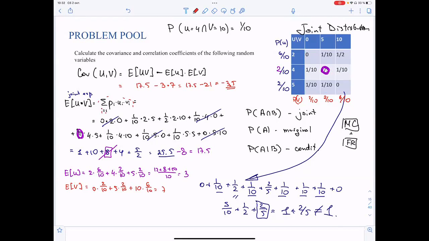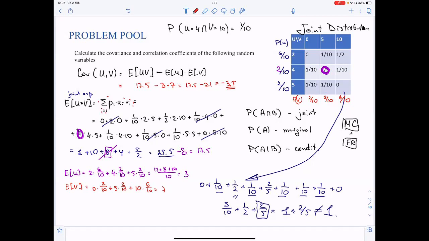What could you say now? Well, obviously you say, look, it is negative. And since it is negative, obviously they are negatively associated. And since they are negatively associated, you could say that the increase of U makes V decrease. That's good.